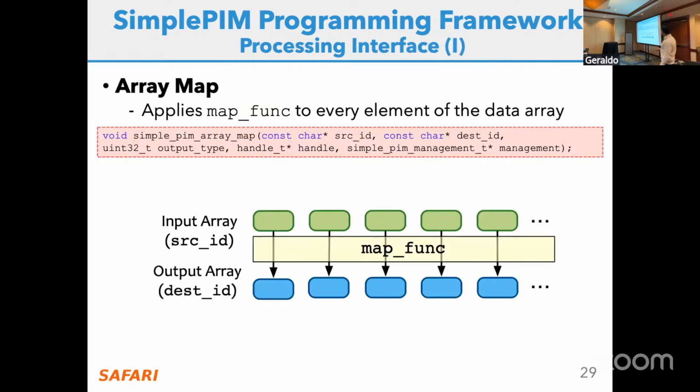The processing interface is based on a MapReduce based system where we have three main APIs. A map operation, where you have an input array and a map function, and you generate an output array of the same size as the input, applying the map function to each element of the input array.